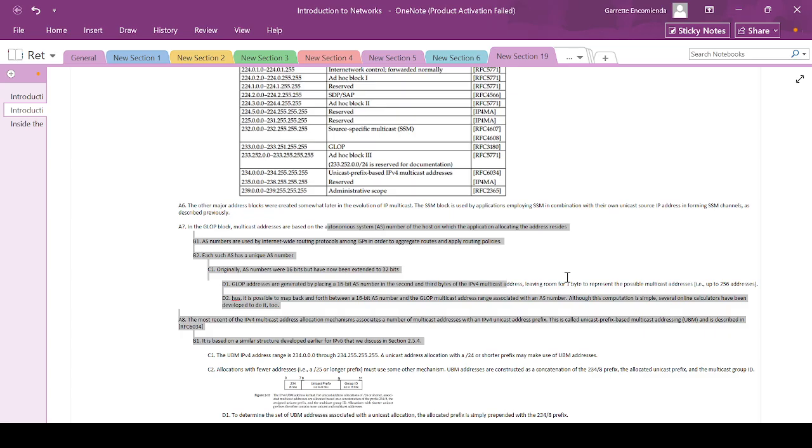So there's an AS number for the application allocating the address, and that's where these GLOP multicast addresses are based. AS numbers are used by internet-wide routing protocols among ISPs in order to aggregate routes and apply routing policies.